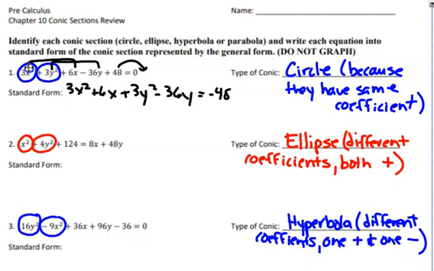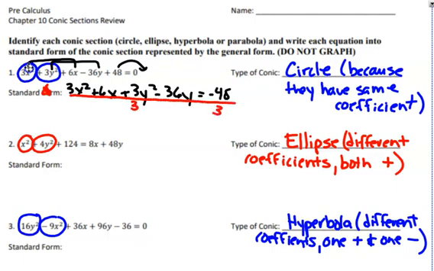We'll factor out the 3. Both the x's and the y's have a 3 in them. With the circle, because the coefficients both have a 3, we're just going to divide everything by that.